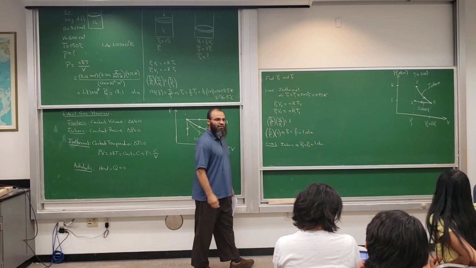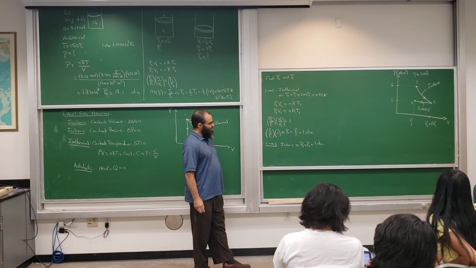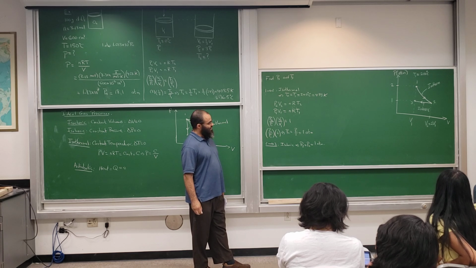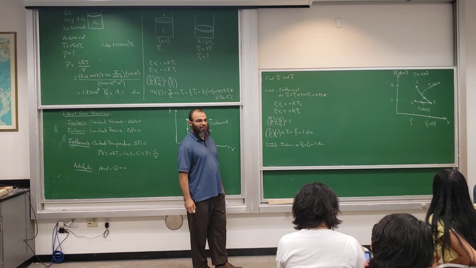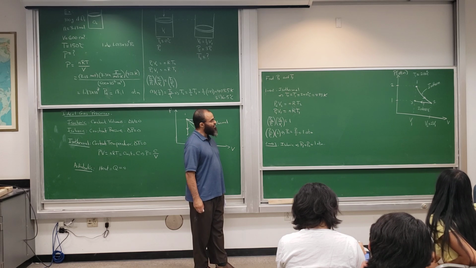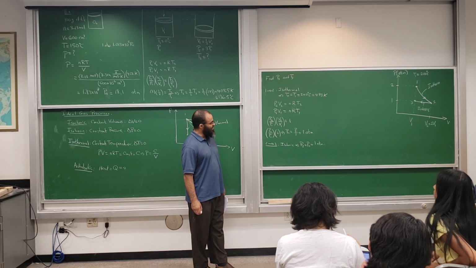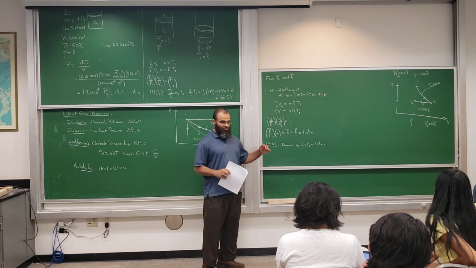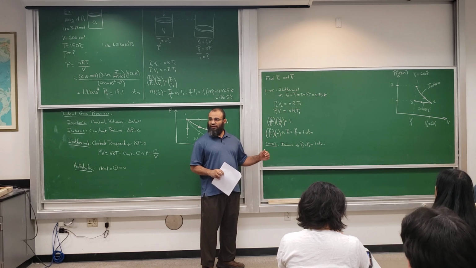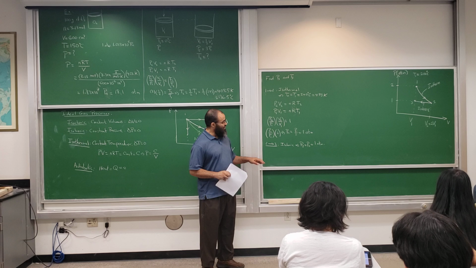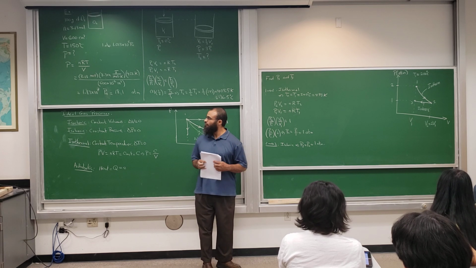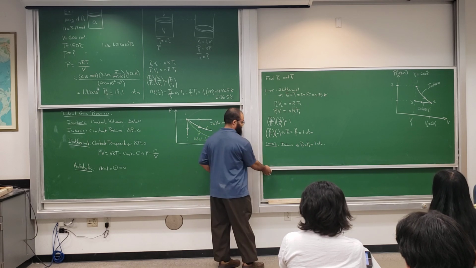But we want the temperature now, so what do we do? Write the equation of state, or the ideal gas law, at 2 and at 3, and then take the ratio. So let's do that.